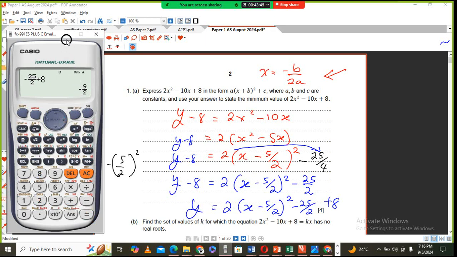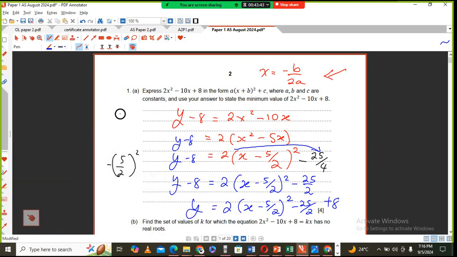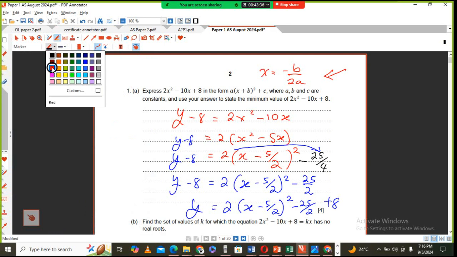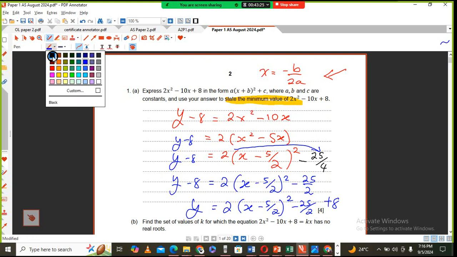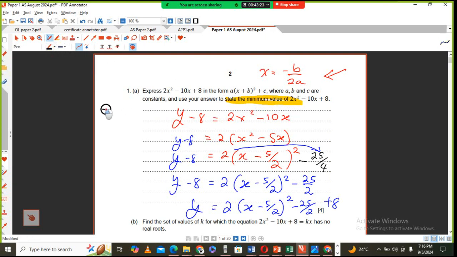But you see, when you guys were writing this, you did not answer the question completely. This part says you are supposed to state the minimum value. And you guys just stopped at vertex form. Even if you look at the TP is 5 halves, comma negative 9 over 2, which you are getting from this one here.